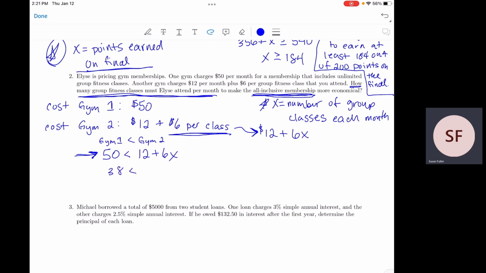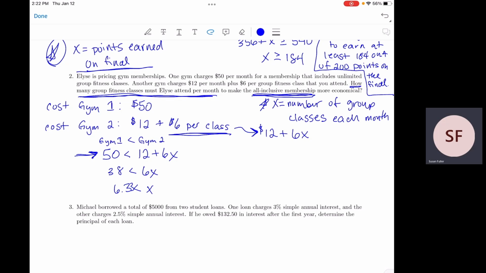We keep our inequality symbol and we have 6x left on the other side. So to get to x, we're going to divide both sides by 6. And so we'll have x left over here. 38 divided by 6, I put that in a calculator, and it's going to be 6.33.